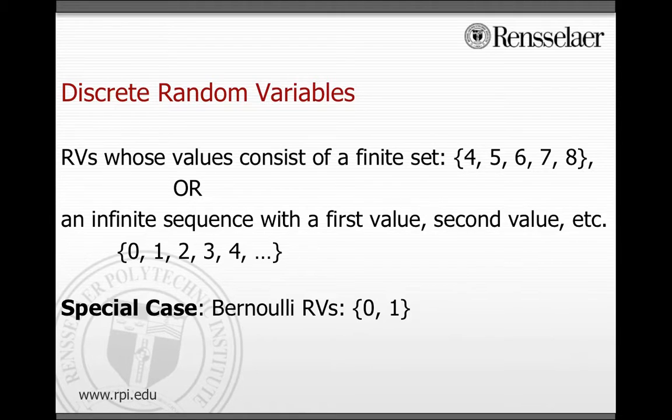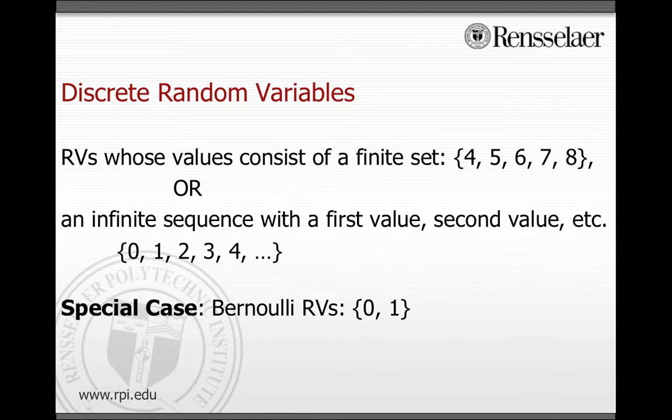A discrete random variable is a variable whose values consist of a finite set, something like 4, 5, 6, 7, 8, where that's a finite set of 5 numbers, or an infinite sequence with a first value, a second value, etc., a count. And while this can go on for quite a while, obviously they're defined values. You can't have decimal points or anything, so they're still integers, 0, 1, 2, and so on.